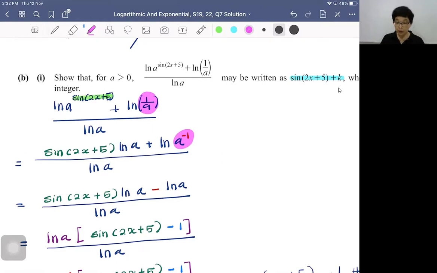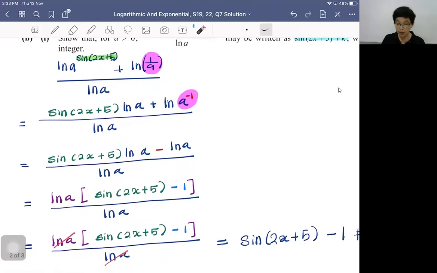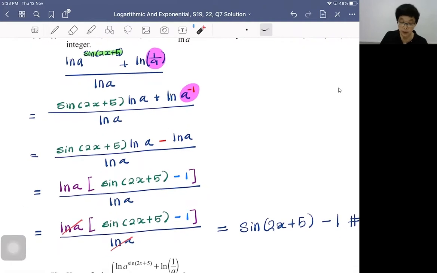With that convenience, we go back to the logarithmic rule, invoke the power rule, bring the negative 1 and multiply it to the front, and therefore it gives us negative ln a. Then from the arrangement, we notice something interesting. The first term in the numerator has ln a.